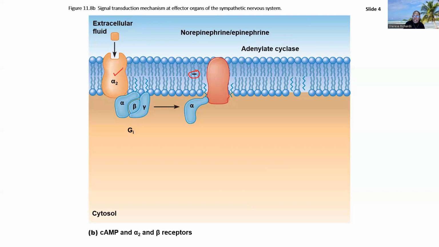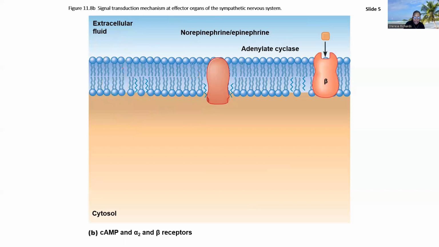All right, let's consider the beta side of things. And again, we're looking at all three beta receptors here, although we're only illustrating it on one membrane. We want to think about all three of the locations that beta receptors are found. So again, we have a G stimulatory protein. In this case, the alpha subunit dissociates off.